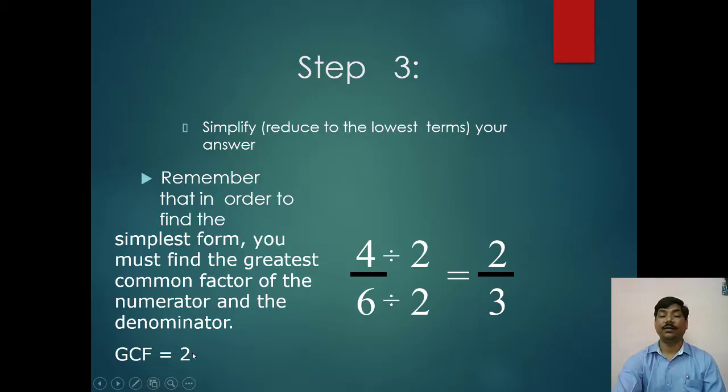The GCF will be 2. So 4 divided by 2, you get the numerator 2. 6 divided by 2, you get the denominator 3. Here 2 and 3 are co-prime, or we can say that the GCF of 2 and 3 is 1. So 2 upon 3 is the simplest form of 4 upon 6. The final answer will be 2 upon 3.